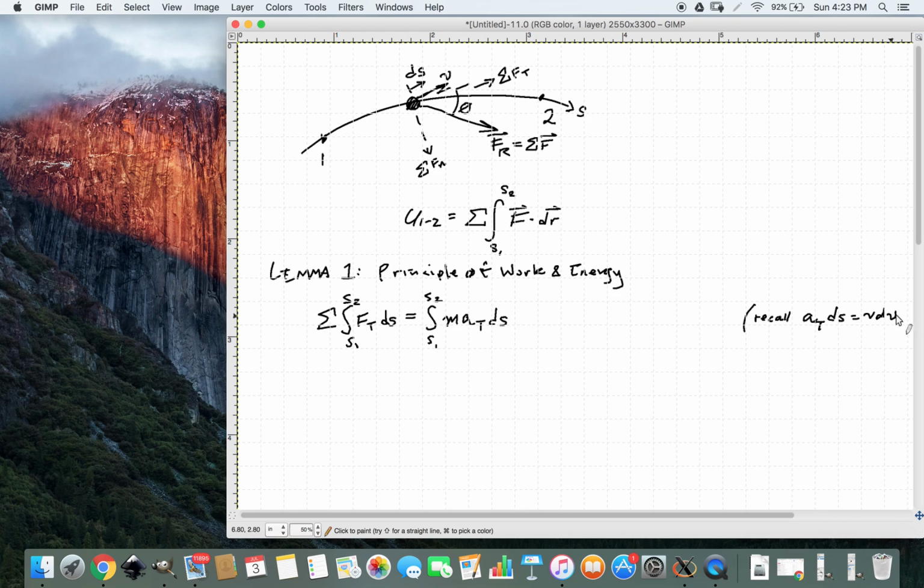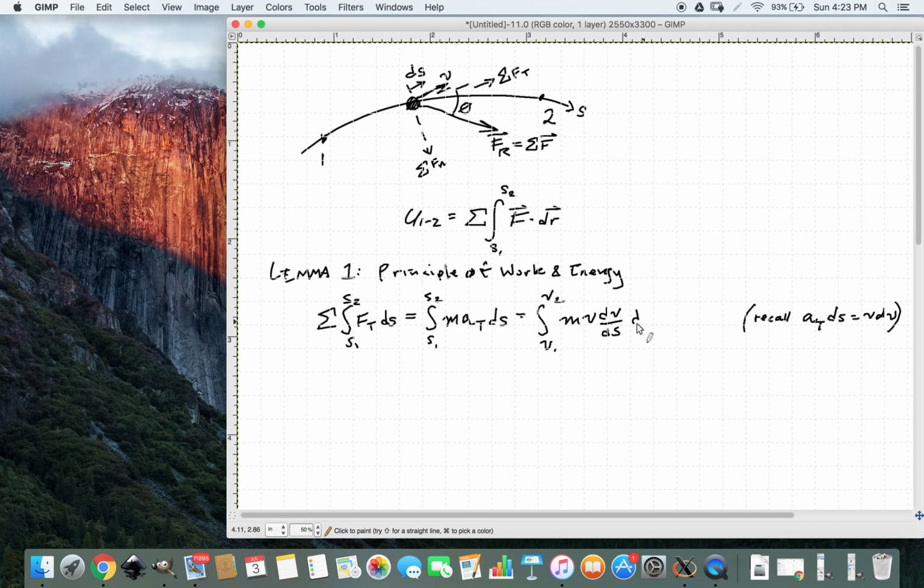So let me make this substitution, changing the integral, and with it I have to change my limits from some initial velocity to some final velocity, m v dv.